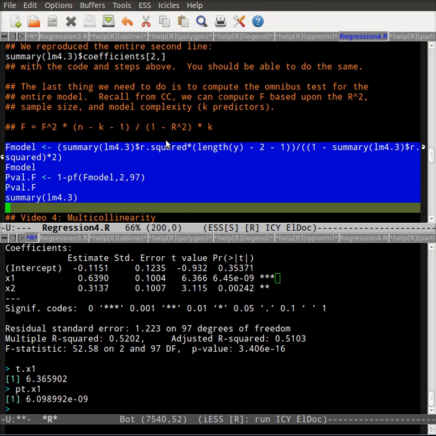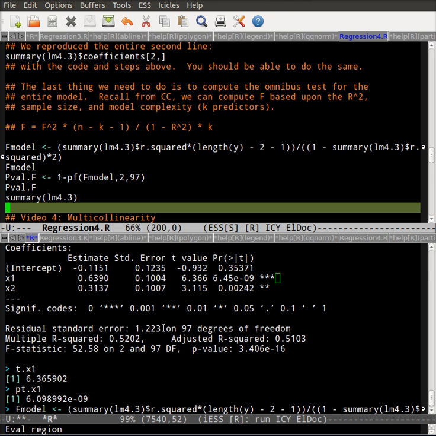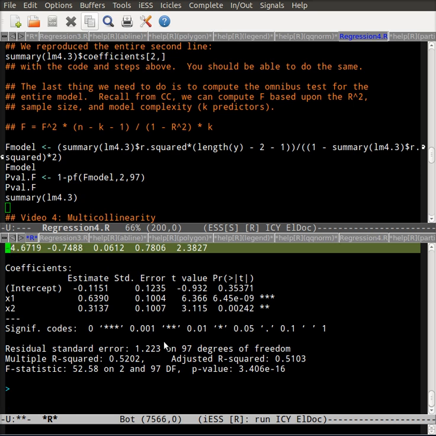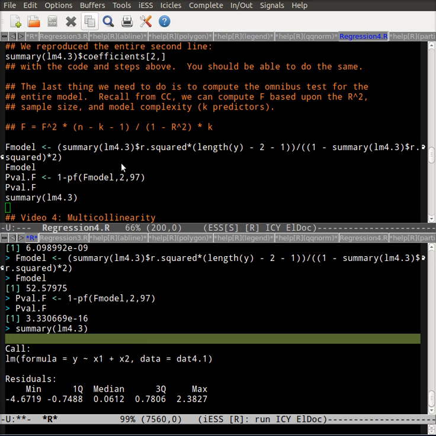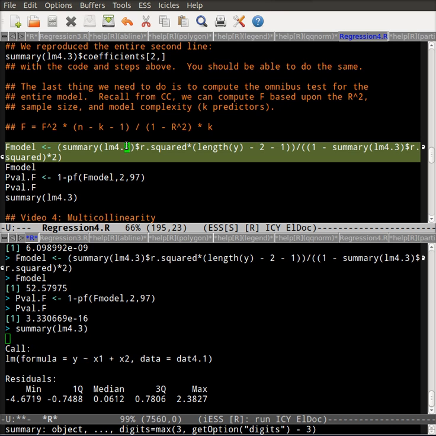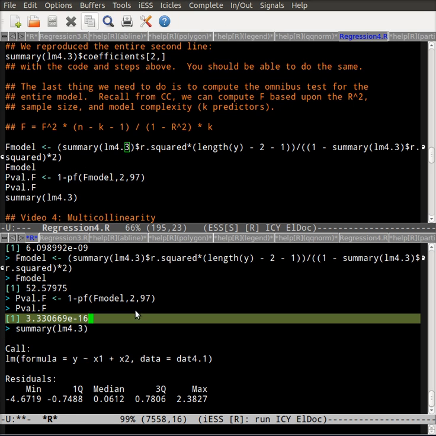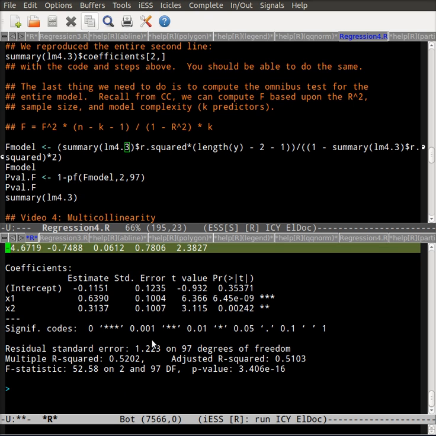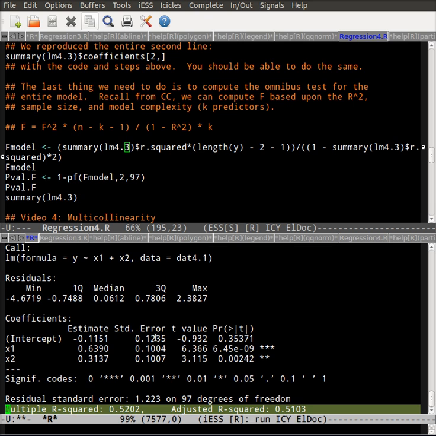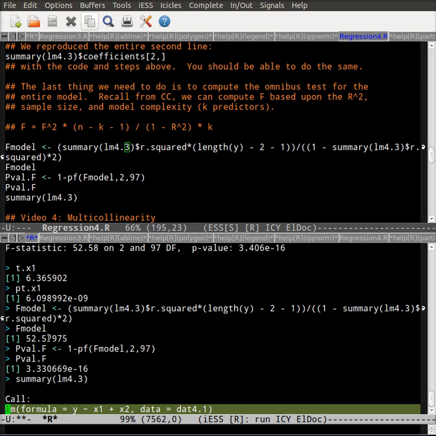Next thing is I want to calculate an f, and the f value that I get is pretty simple. There are lots of ways to calculate f. I'm just doing it this way. Cohen and Cohen have different formulas for it, and you can see that my f is 52.57, and I get that right here. I didn't round it. 52.58, right?